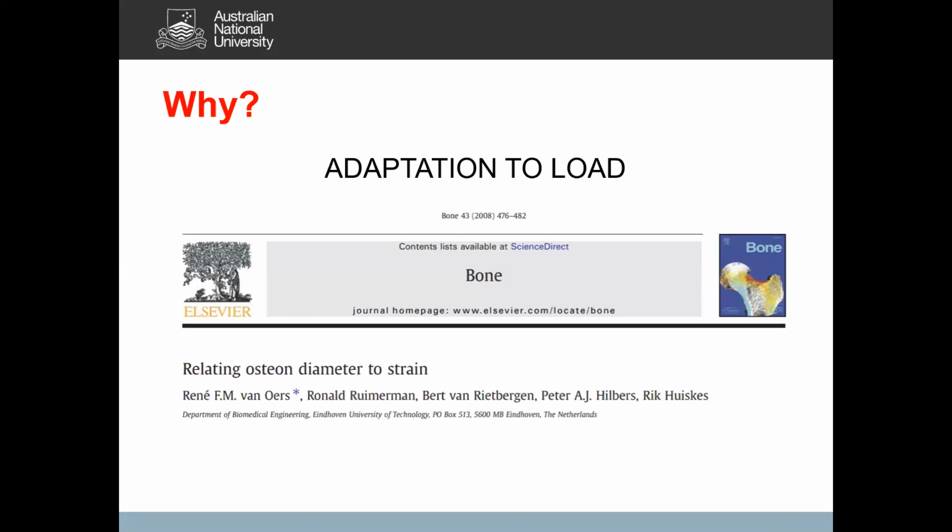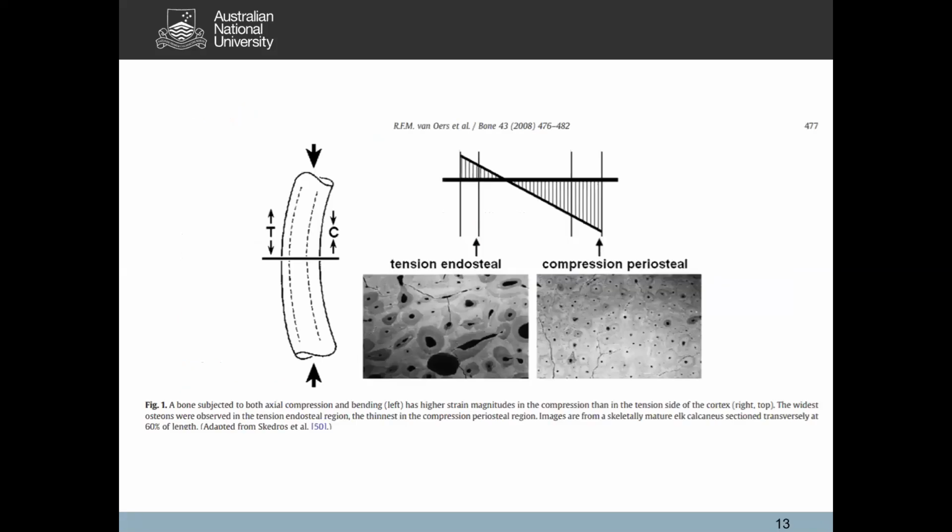They did mathematical modeling showing that we can predict the size and the shape of osteons according to mechanical strain. And here's a very good example from the paper showing different biomechanical load and strain sites of one bone.